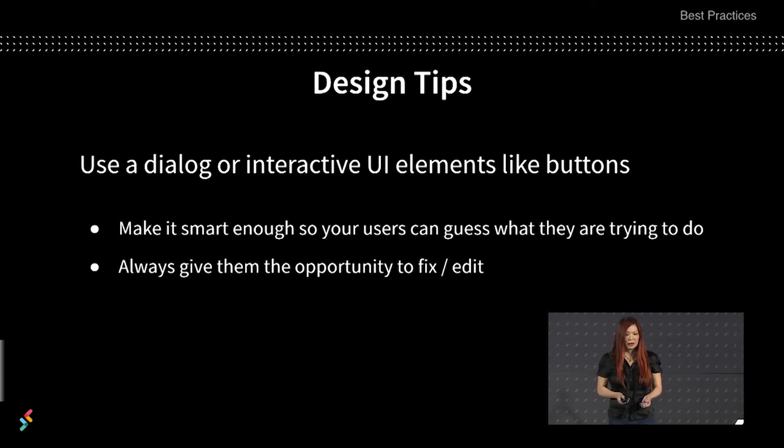Why not? Sometimes you might think that giving extra steps the user has to work through might be bad. The fewer steps the better. It's not always true. Sometimes more is better, when you give users a chance to do something like edit or fix. So I actually recommend you use some other components as well. But obviously, it's up to you, up to the type of app you're working on. Sometimes it might not be necessary.